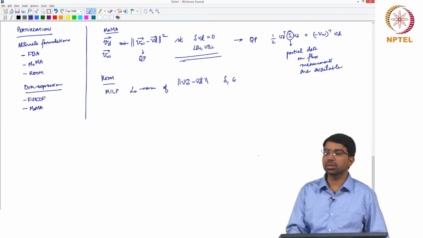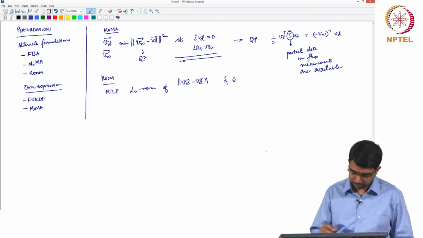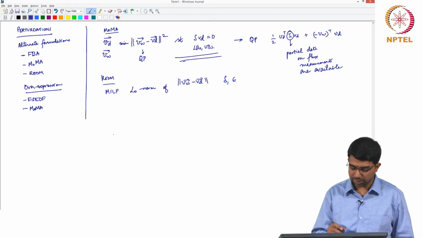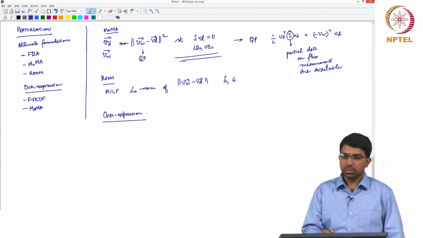But now let us just do a slightly different problem. How would you simulate overexpression with MoMA? Or before that, how do you even simulate overexpression? Increase the lower bound.